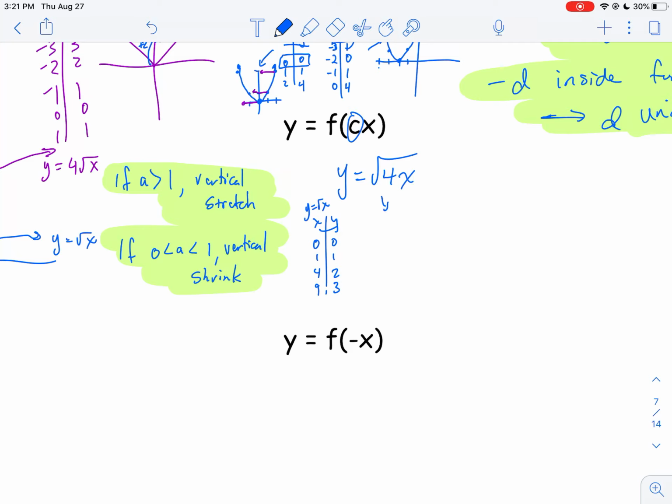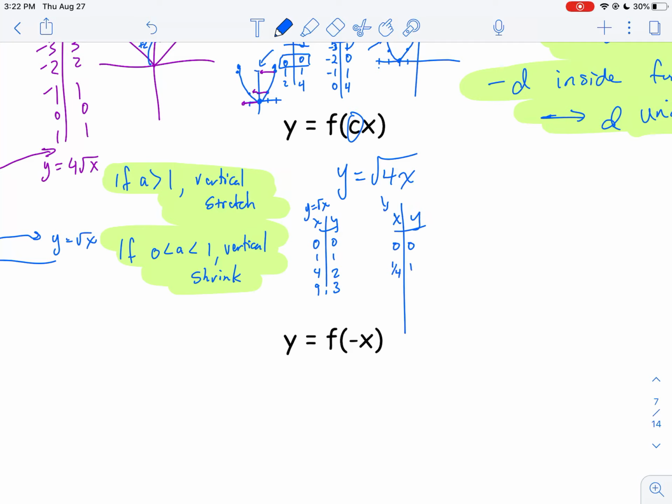What happens when I put the 4 in there? Zero is fine, right? I plug 0 in, it's going to give me 0. But if I want to get 1 as my y value, I need to put 1/4 in. I don't know if that makes sense. If I put 1/4 in for x, 4 times 1/4 is 1. The square root of 1 is 1.